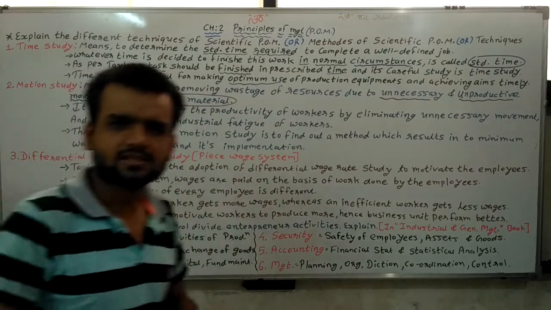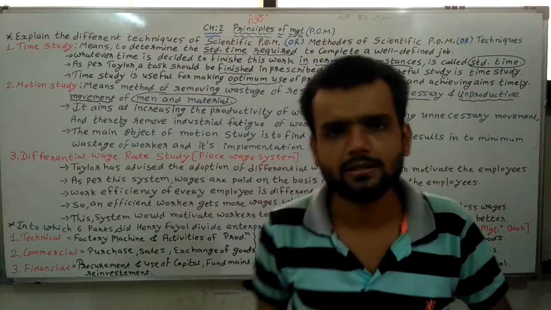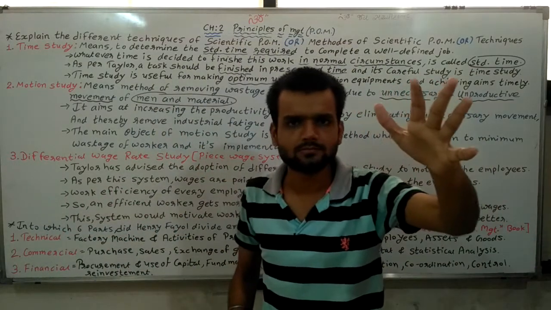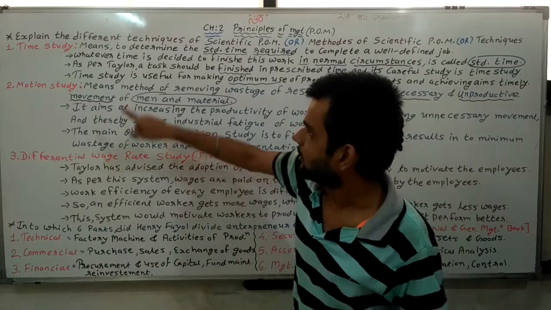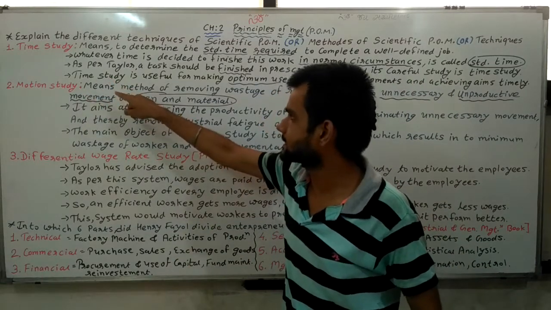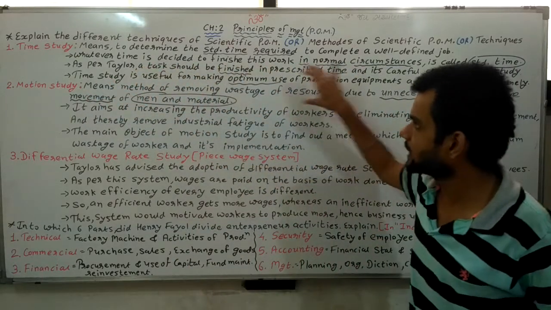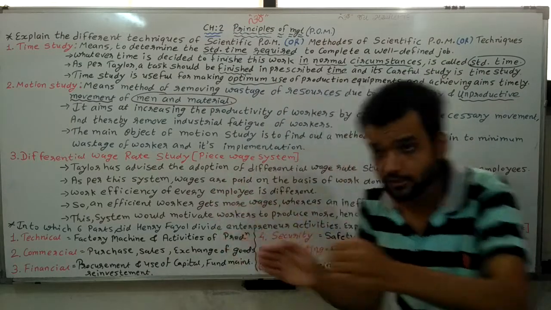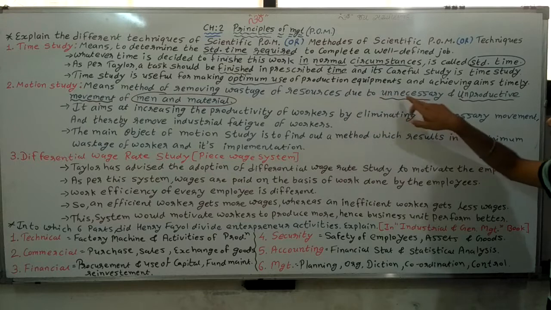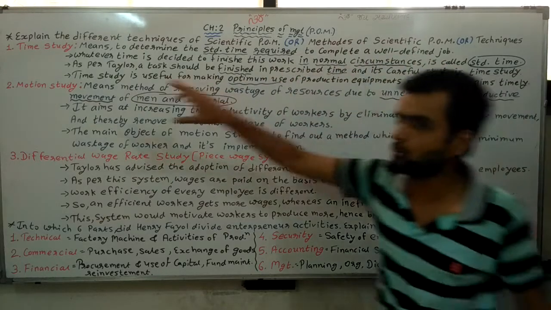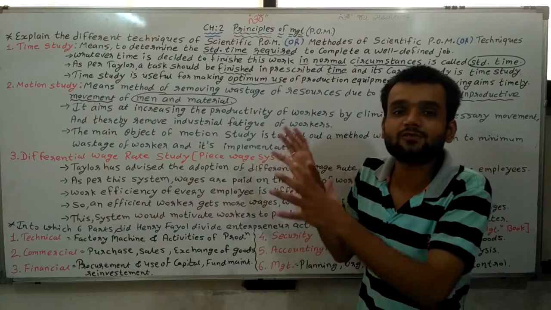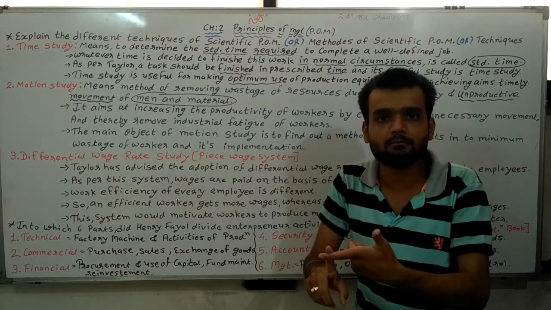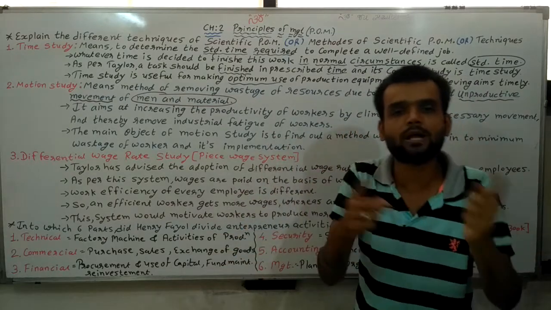So what is motion study? In 1 mark, you have to write: motion study means a method of removing wastage of resources due to unnecessary, unproductive movement. Why is this wastage? Wastage of time because of unproductive movement.